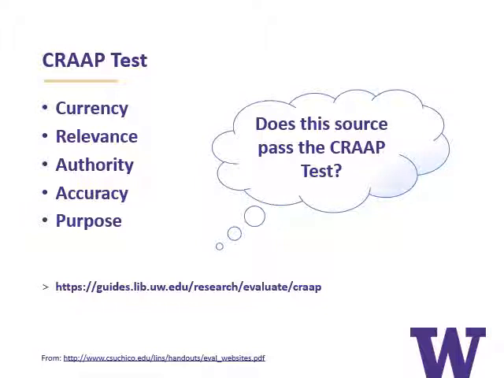It's meant to provide guidelines for critically evaluating health information online. We're going to go into greater detail with each of the elements listed here: currency, relevance, authority, accuracy, and purpose. An important question to ask yourself when evaluating a health information website is, does this source pass the Mrap test?